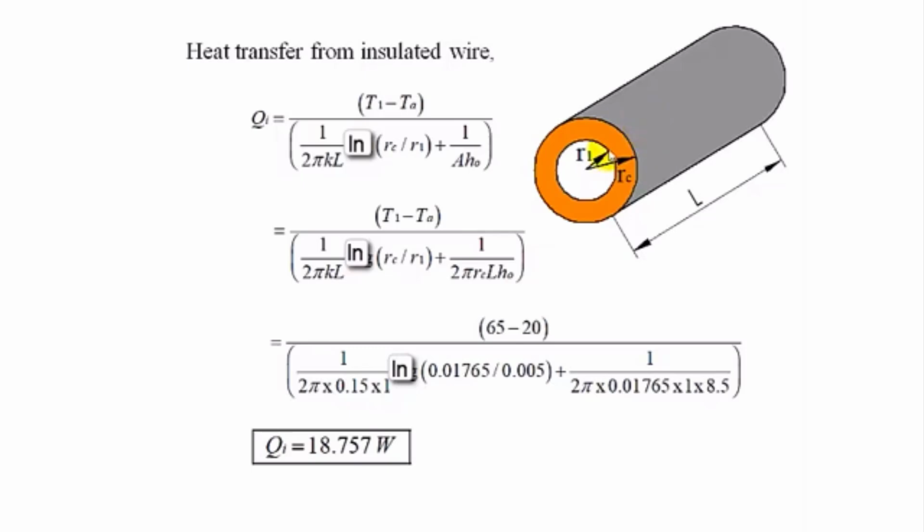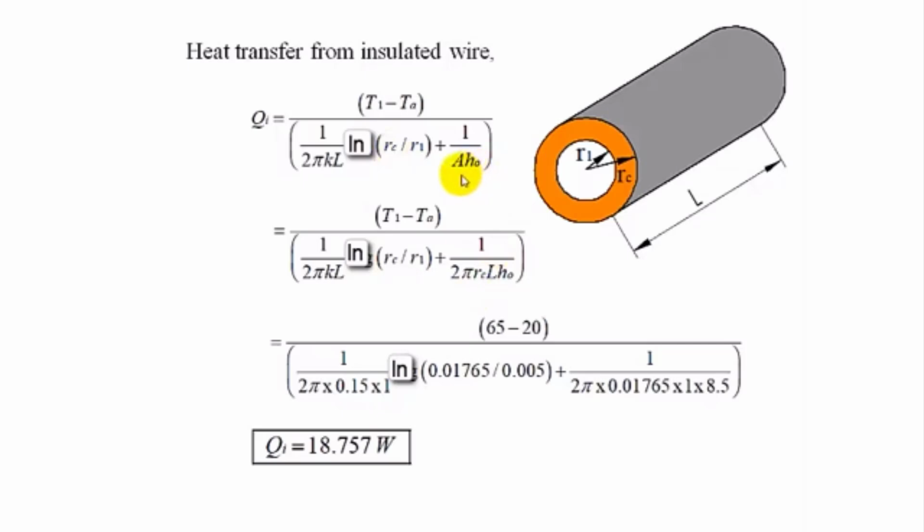We keep T1 as 65 and ambient as 20 degrees centigrade. The equation is T1 minus Ta divided by conduction resistance plus convection resistance, but the outer radius is the critical radius.